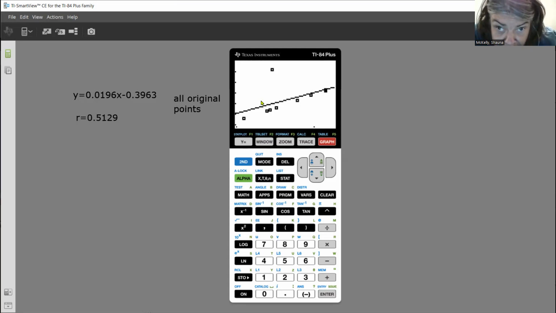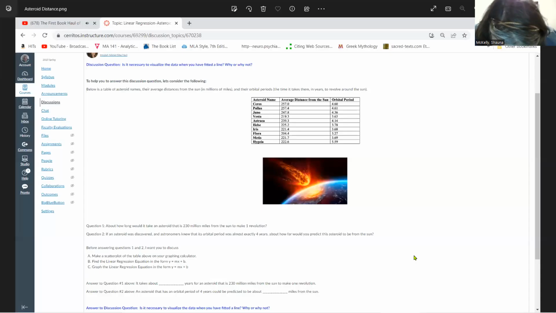Okay, so what are you going to write for your, let me go to the homework, or the discussion, I should say. So it says make a scatter plot of the table. We did. Find the regression equation and graph it in the form y equals mx plus b. Okay, so if we're going to do this thing, we're going to make a scatter plot.